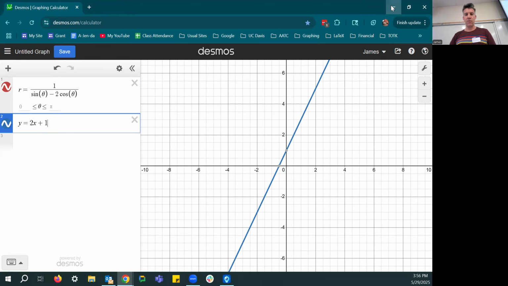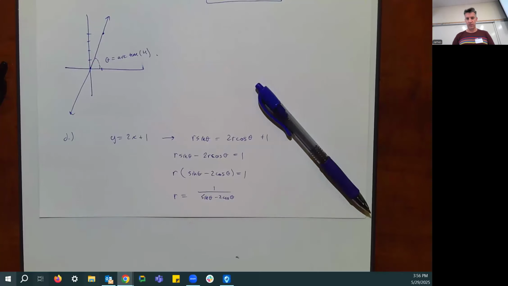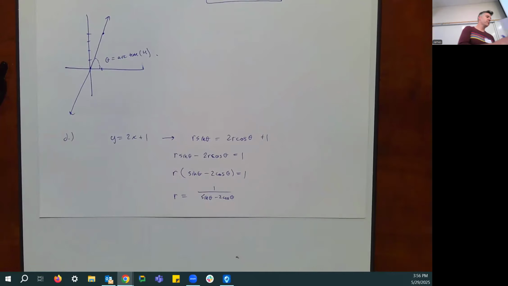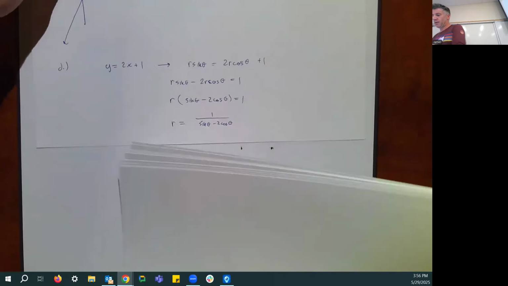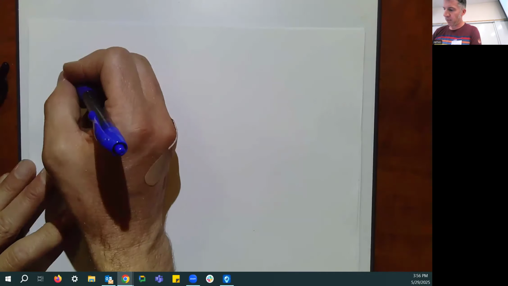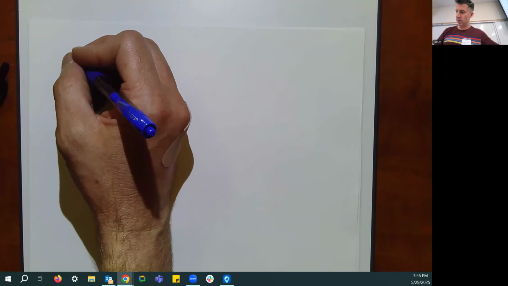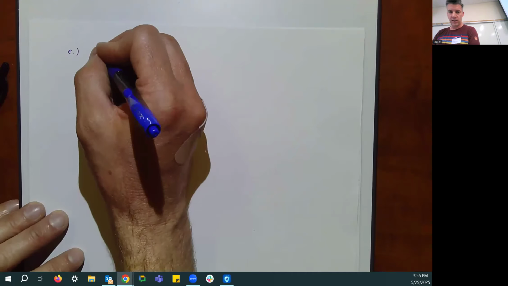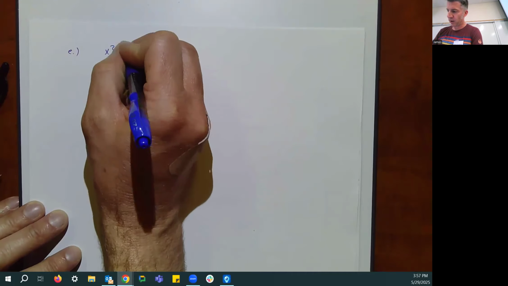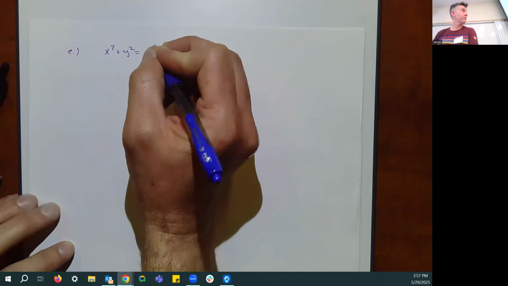Anyway, let's look at a few more actual realistic things here. Here's one that should be obvious, probably. This is E. My equation is x squared plus y squared equals 25.